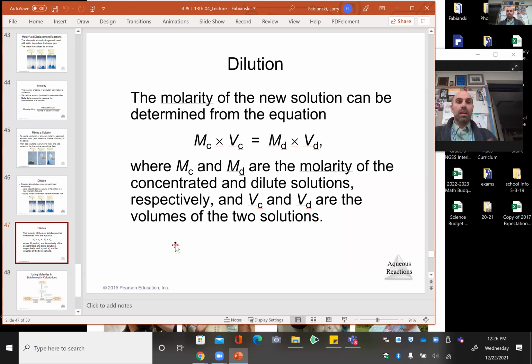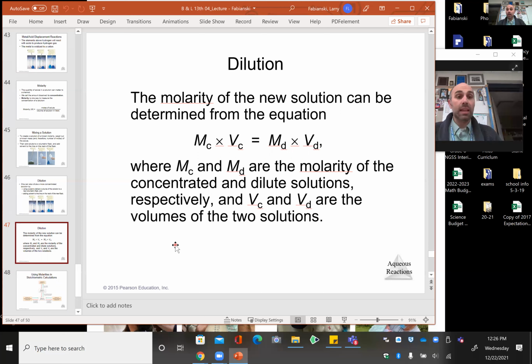So if I, for example, take a 5 molar solution of hydrochloric acid, and I take 5 milliliters of that and put it into 500 milliliters of solution, water, what is my new concentration? What is my new molarity? I went from 5 molar to, I don't know.